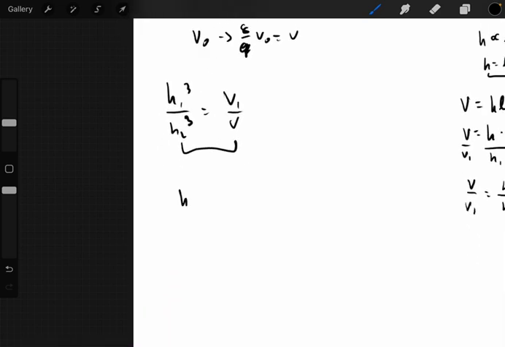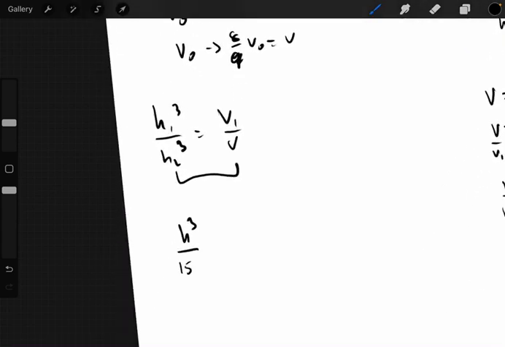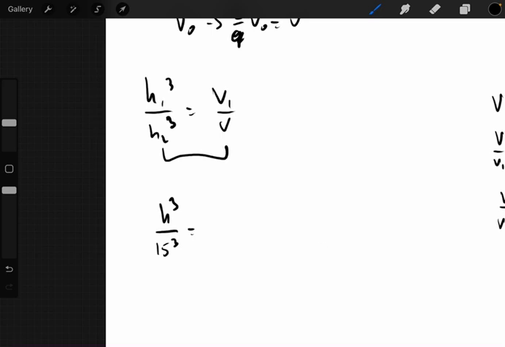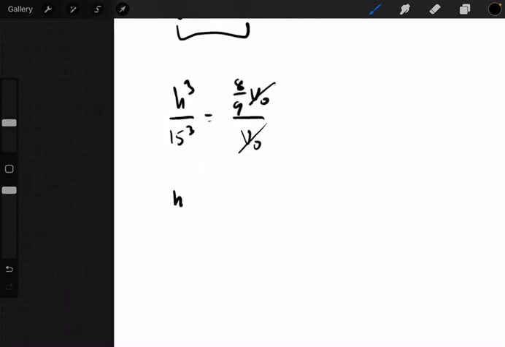So h cubed over 15 feet cubed equals, when it's filled to the top, it has a total volume of V naught, and when 1/9 is drained out, you're left with 8/9 V naught. These cancel, and you're left with 8/9 up there. H cubed equals 8 over 9 times 15 cubed.